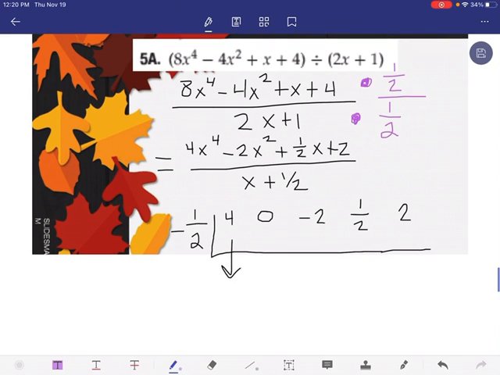And then we just start our process. Now we have a fraction. That's okay. It doesn't change this process.